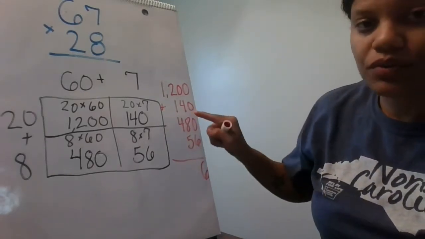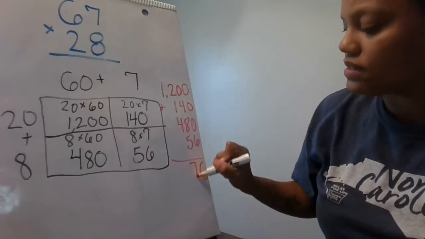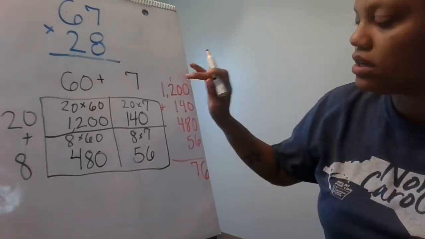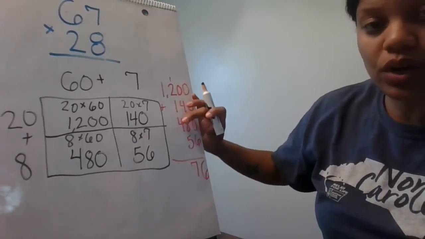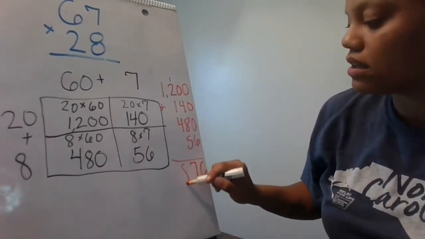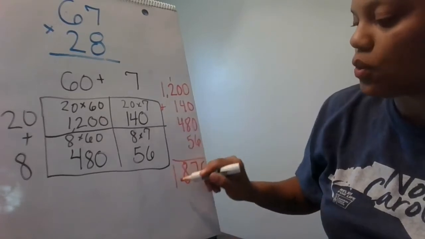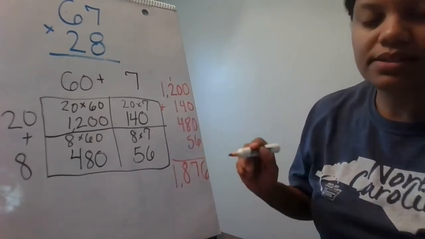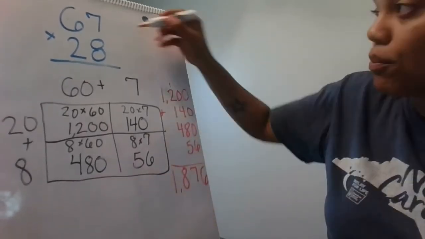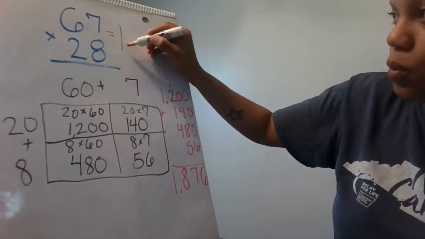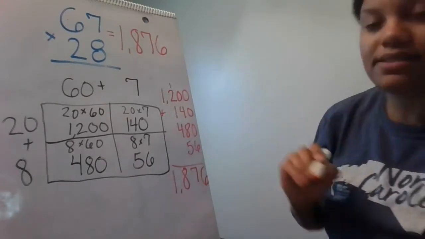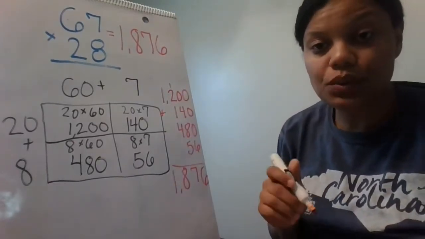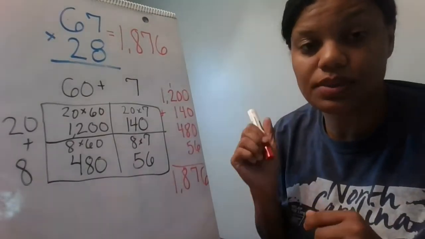Well, I know 5 and 4 makes 9. 9 plus 8 more is 17. I carry my 1. 2 plus 1 is 3. Plus 1 more is 4. 4 plus 4 is 8. And here I'm just bringing down the 1. So it's telling me that in 67 times 28, my product should be 1,876.